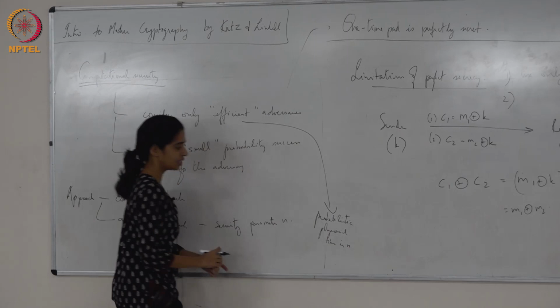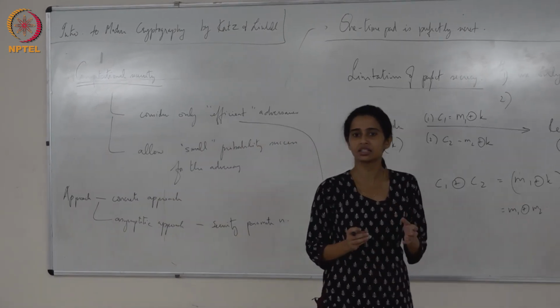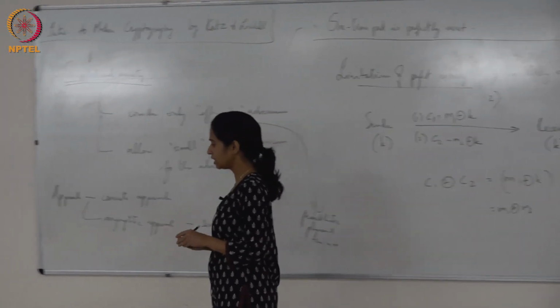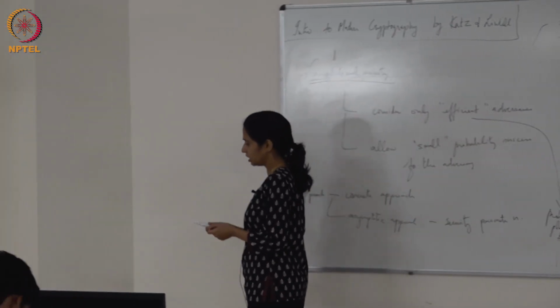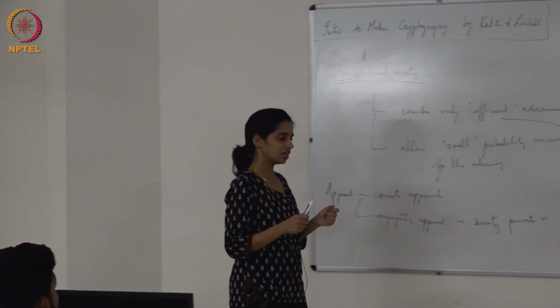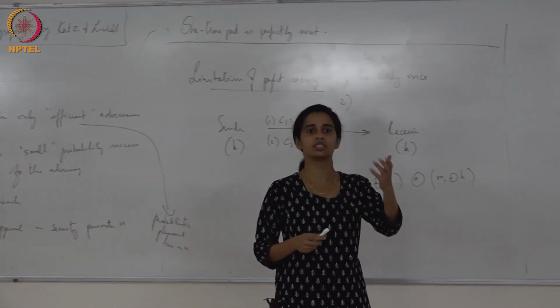So what does this mean? An adversary is an algorithm. When an algorithm runs in polynomial time, it runs in time polynomial in its input length.